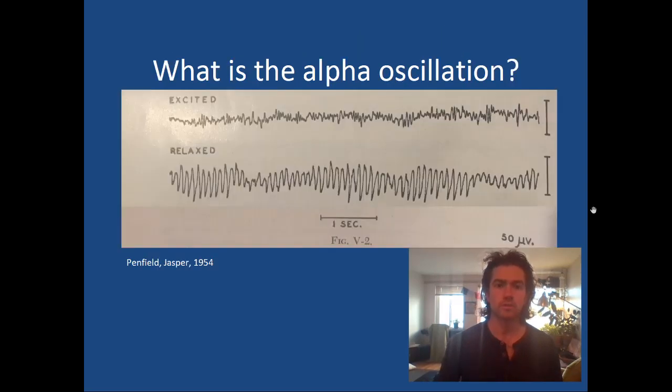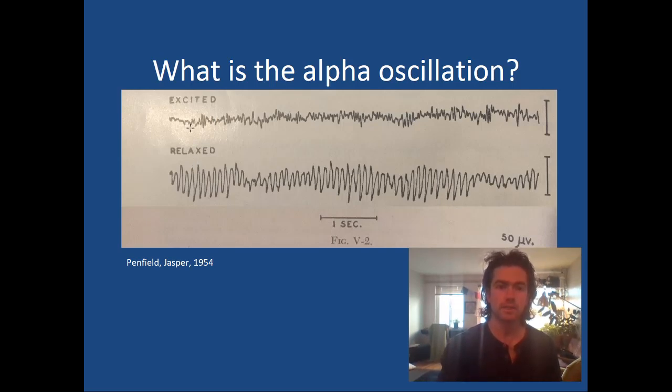Okay, so first, what is an alpha oscillation? So here in this figure, we're taking a look at the electrical potential recorded from the scalp of a human when they're either excited or relaxed. And here, excited just means alert, paying attention to what's going on, whereas relaxed is just kind of sitting there, not really doing too much.